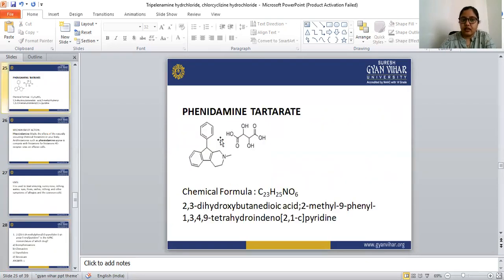Next drug is phenindamine tartrate. The structure of phenindamine tartrate is this, and the chemical formula is C23H25NO6.